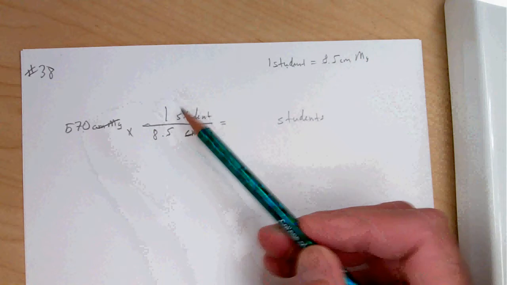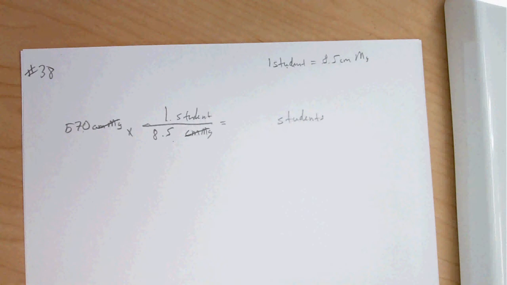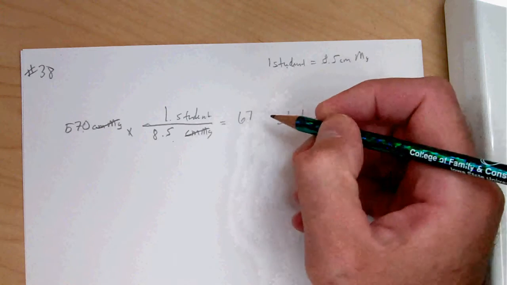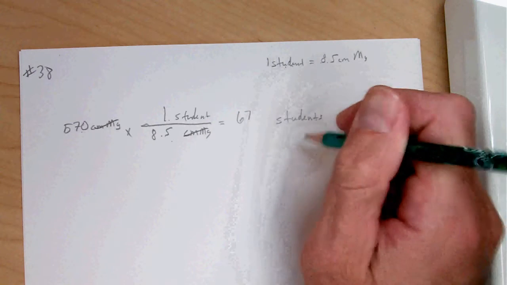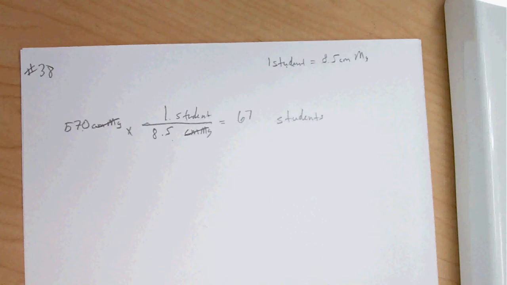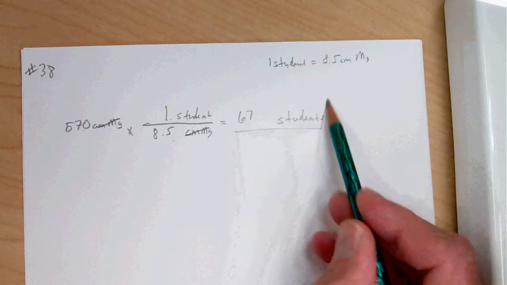I take 570 times 1, divide by 8.5, or 570 divided by 8.5. That's 67.058 students. Well, we know I can't go more than 67 students since students don't come in decimal places. So I'm going to leave that .05 off and just go with 67 students.